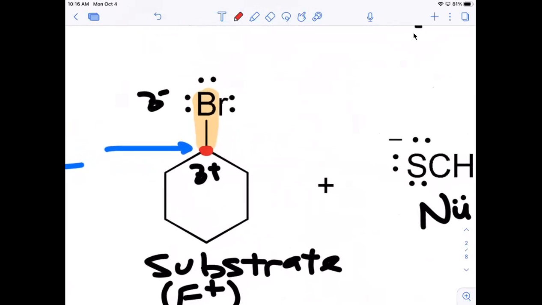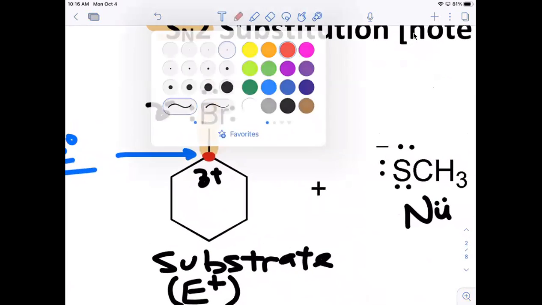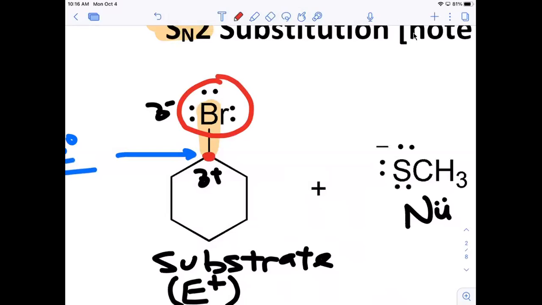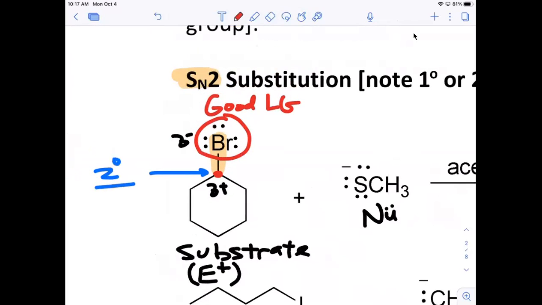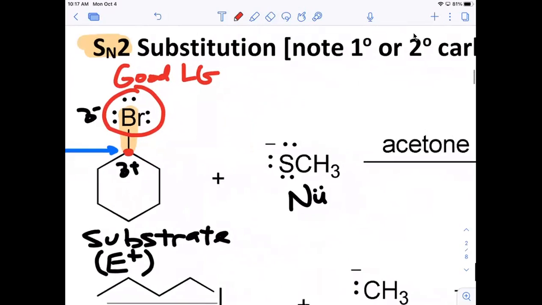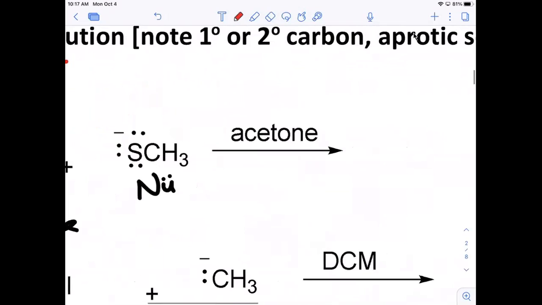And it has a good leaving group. We're going to talk about how to determine how good the leaving group is, all that stuff, because the things we're going to talk about, we've already talked about in some capacity. So it has a good leaving group, secondary carbon. We have a good nucleophile, and then the solvent.